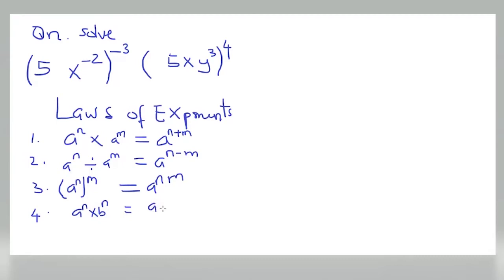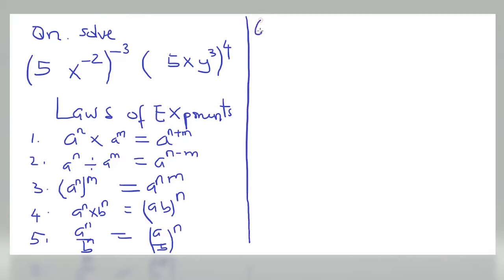This can be equal to (ab)^n. Note that these are different bases but with common exponents. Then number 5, if you have a^n over b^n, this can be written as (a/b)^n.